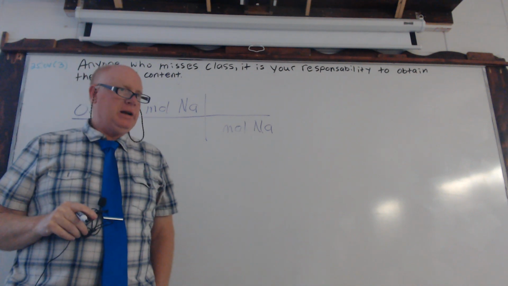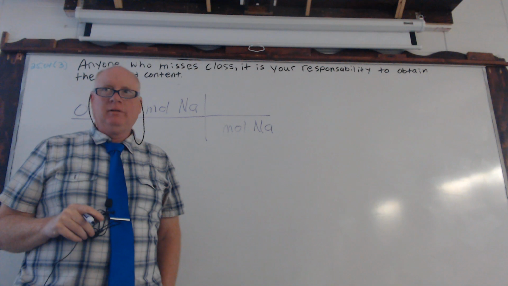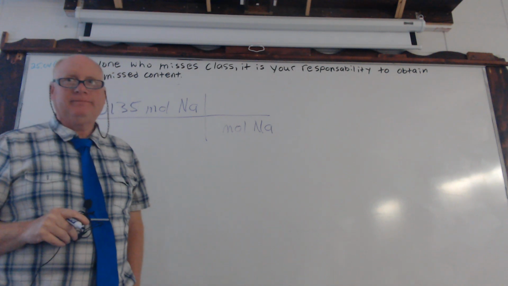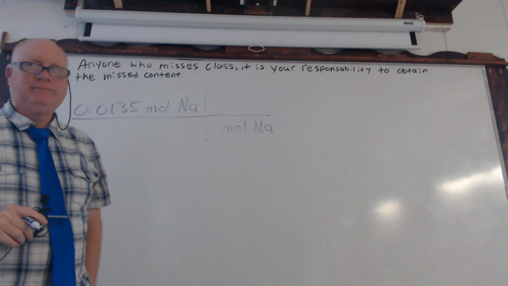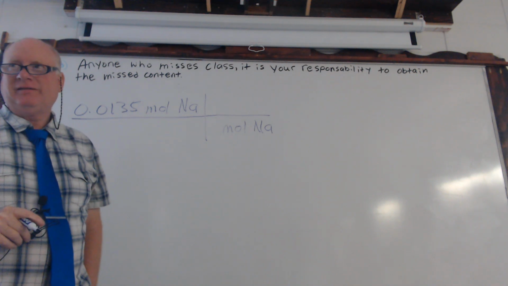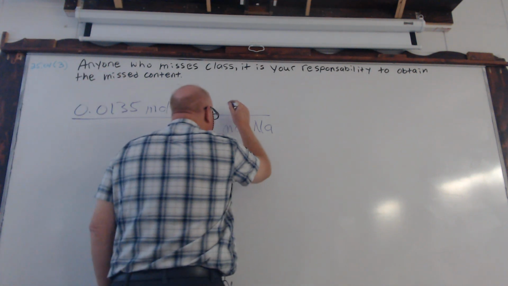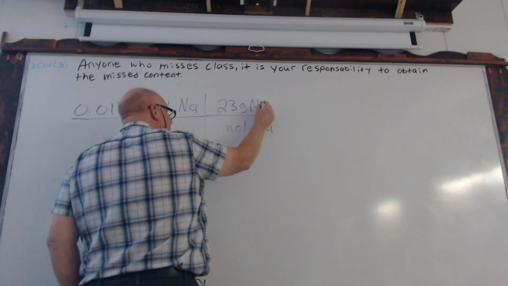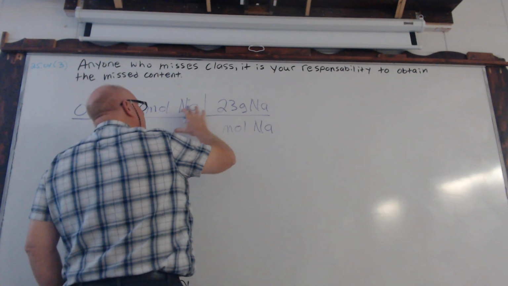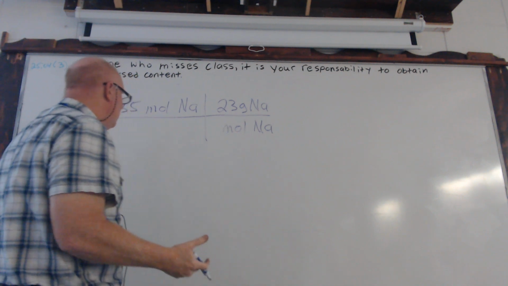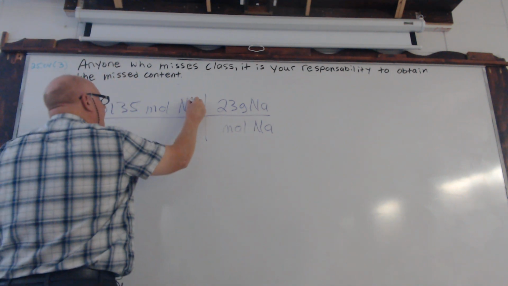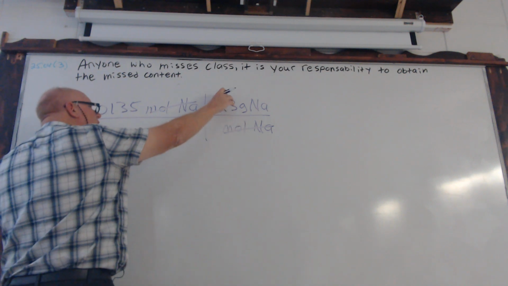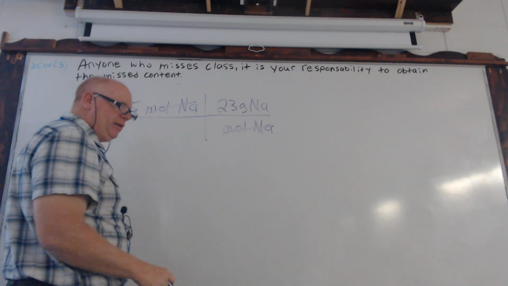You don't make it up. Multiply that by the mass, which is 23. When you write these labels out as you go, you can say, I know this factor cancels out this one. We're dealing with sodium, and I know sodium has an atomic mass of 23.